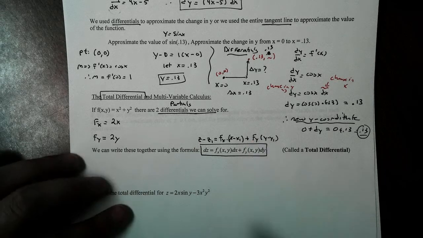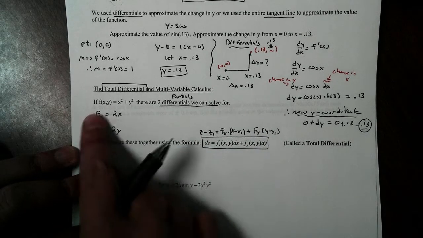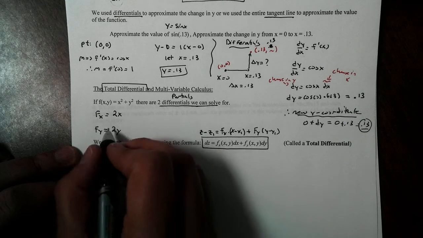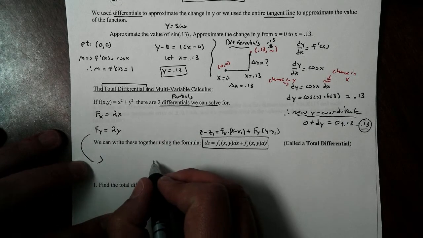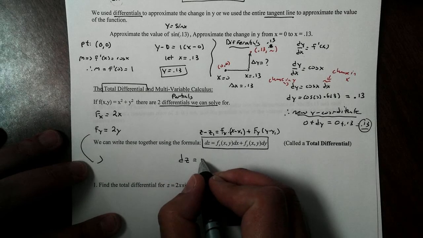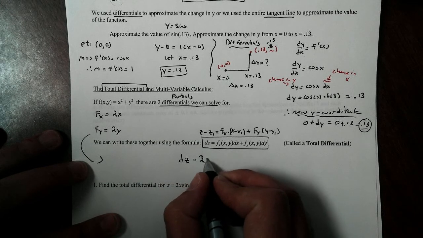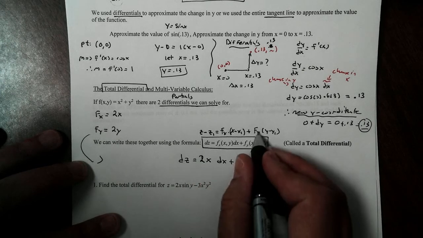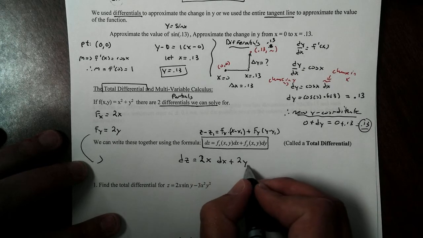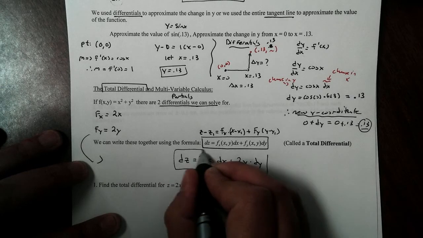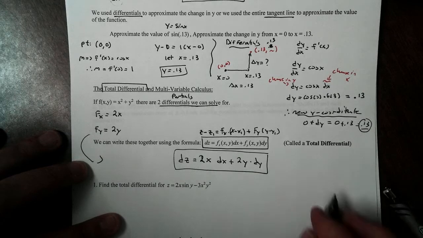So I can write this as a total derivative by saying dz equals my partial with respect to x, 2x dx, plus my partial with respect to y, 2y, times the change in y, dy. Now, what does this find for us?